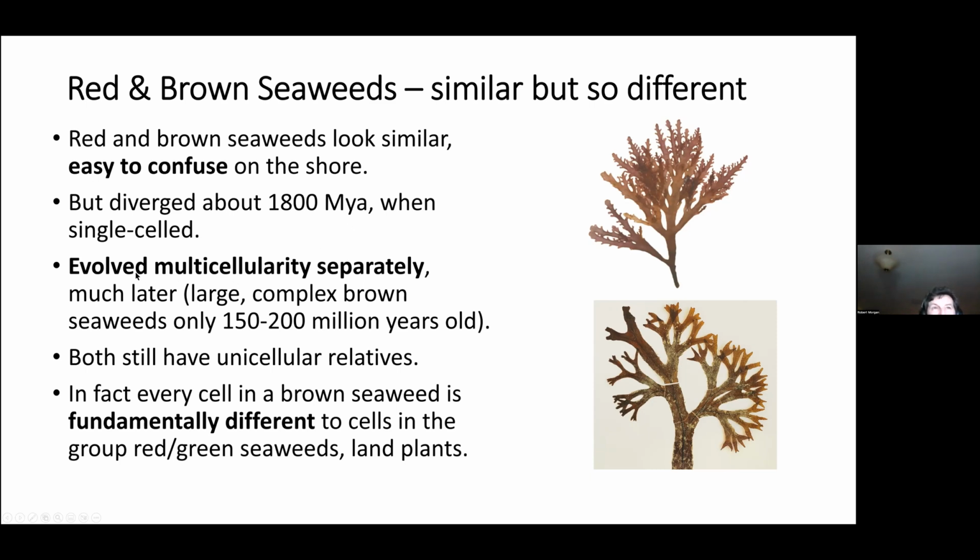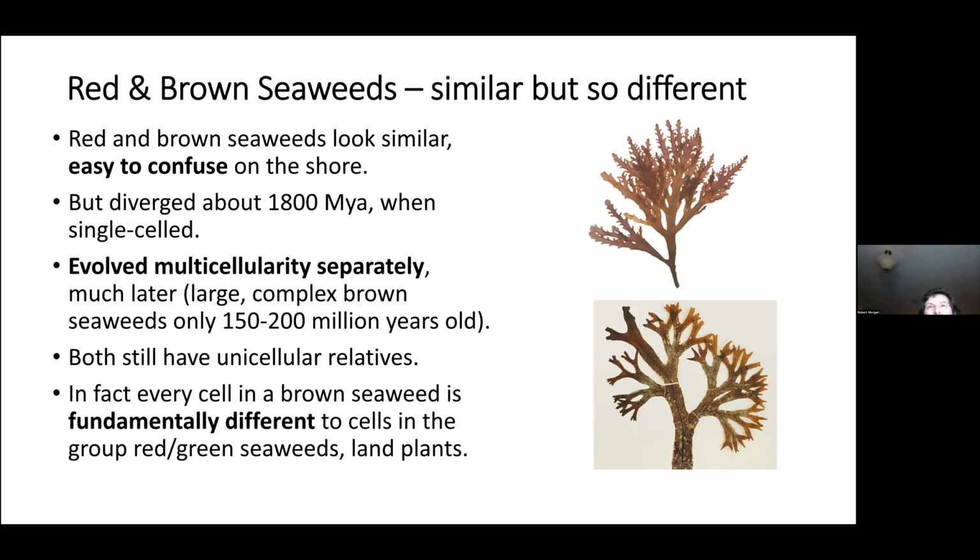They both evolved multicellularity separately from each other, and have ended up, some of them, looking very similar through adapting to the same sort of environment. And also, every single cell in a brown seaweed has got a fundamental difference to a cell in a red or green seaweed or a land plant.